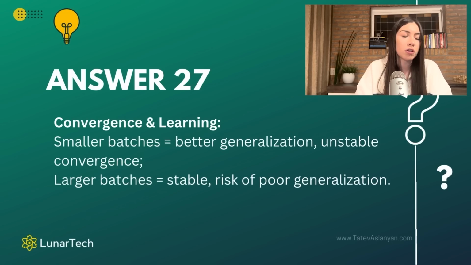And overall, if your batch size is small, then usually the algorithm is much more unstable, whereas with a large batch size the algorithm is much more consistent in the updates of model parameters.